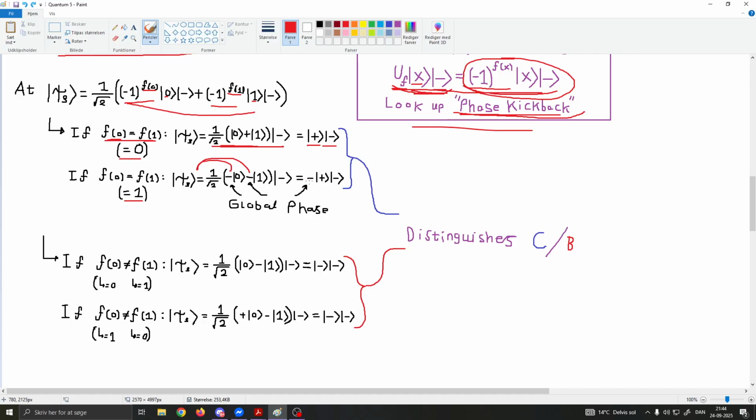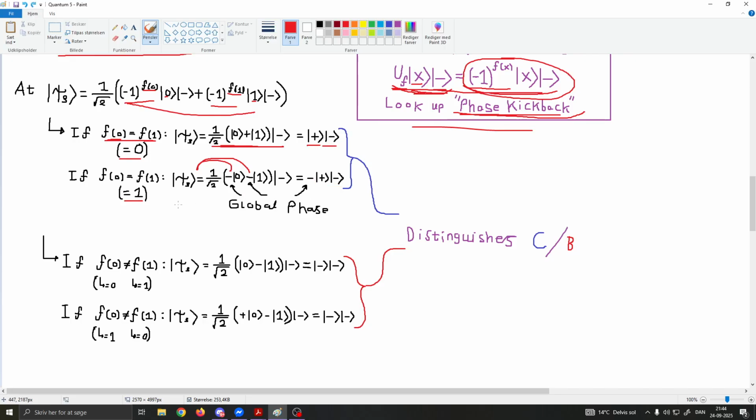However, notice that our negative sign right here is in front of just a single term, which is the final term we get, psi3. So this just corresponds to global phase, which we can't detect via measurements. So effectively what we see is the same as this up here.